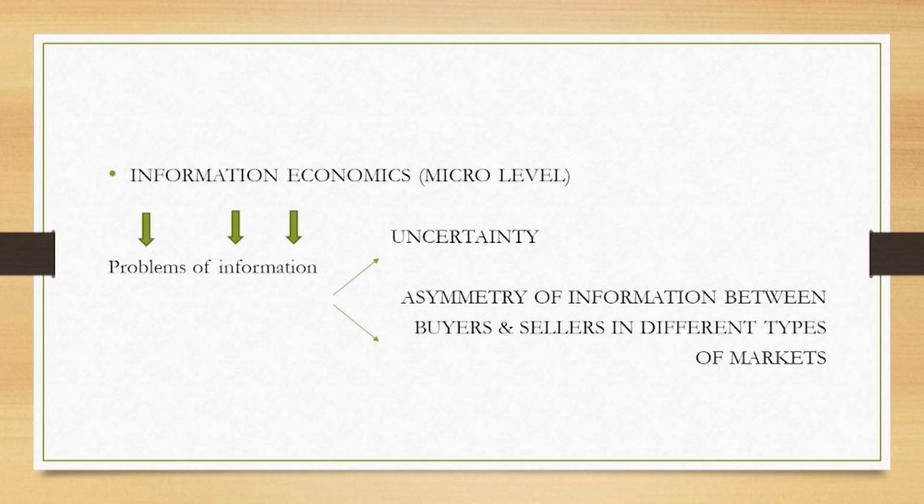Another problem of information is the asymmetry of information between buyers and sellers in different types of markets. An equal amount of information should be there between the buyers and sellers, but often we find that this is not so. There is asymmetrical information and there is no balance of information between buyers and sellers.